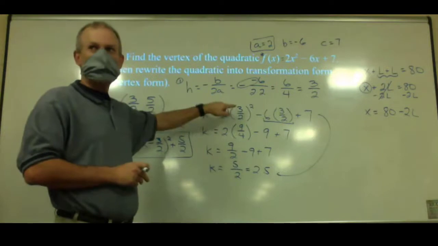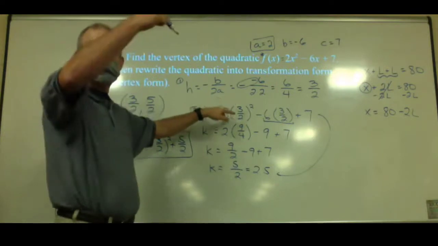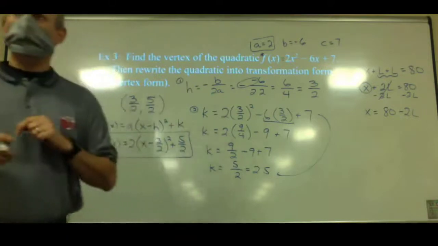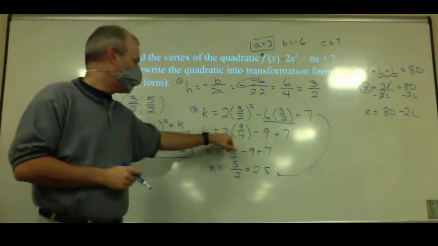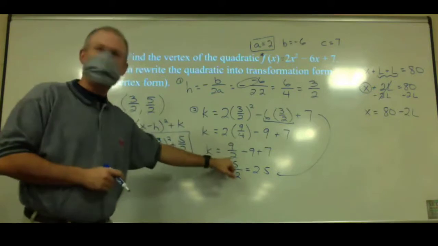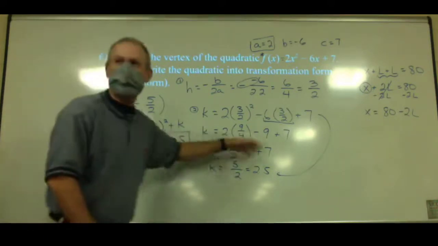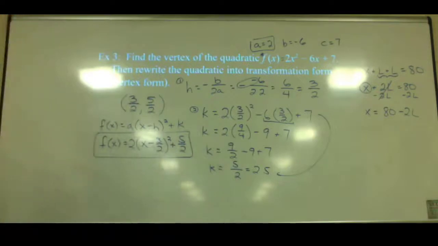So 3/2 times 3/2 gives you 3 times 3 on the top, which is 9, and 2 times 2 on the bottom is 4. And that gets multiplied by 2. So 2 times 9/4 is actually 9/2. Again, you don't have to worry about all these steps. If you've got a calculator, just type it in, and it will give you that answer of 2.5.